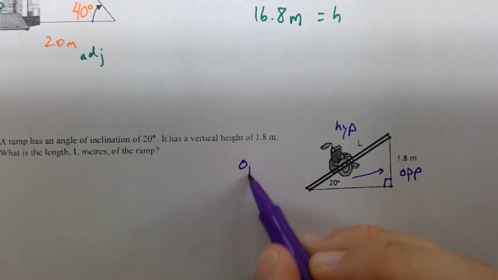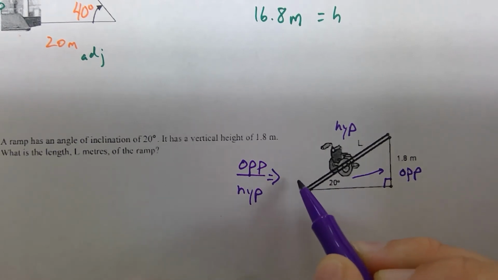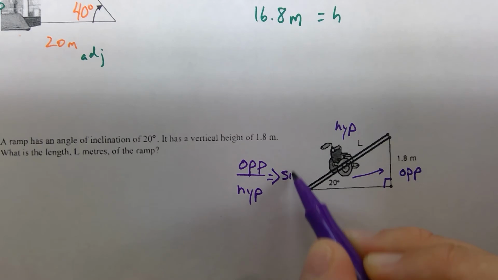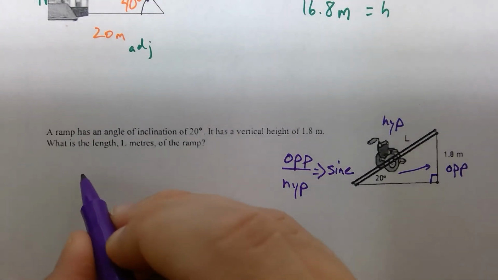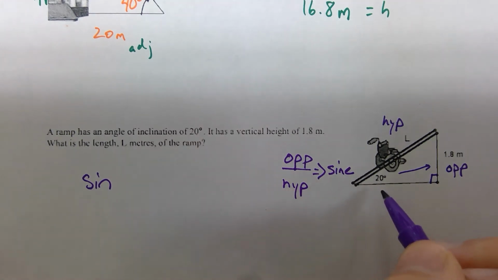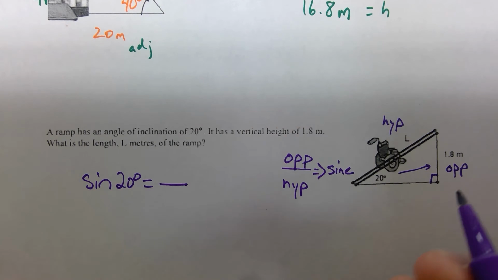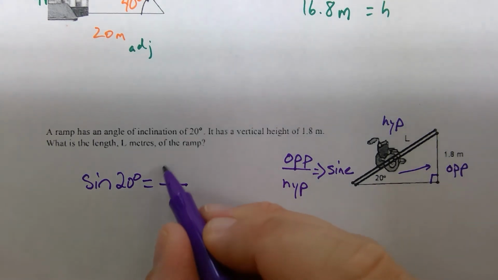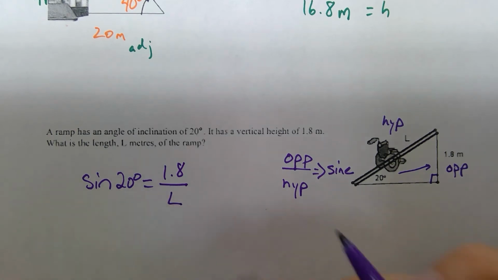So if I'm thinking of opposite over hypotenuse, that should be what function? My sine function. So let's go ahead and work that problem out. So I have sine of my reference angle, 20 degrees, equals opposite, which is 1.8, over my hypotenuse, which we said is big L. Okay, use our little trick.